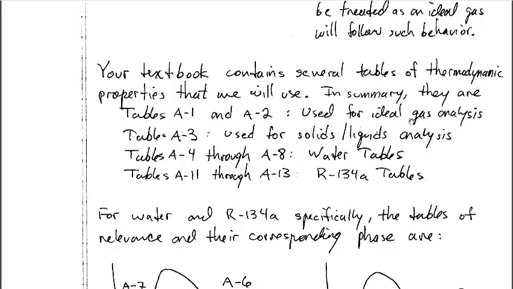That's going to come up later on in the semester, and is not part of today's discussion. Table A3 is used for solids and liquids. Tables A4 through A8 are what we call the water tables. We're going to come back to these in just a little bit. And tables A11 through A13 are what are called the R134A tables.